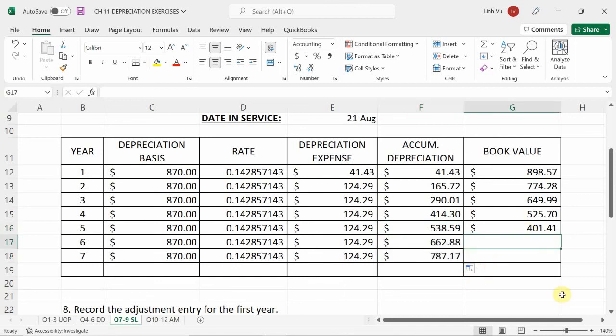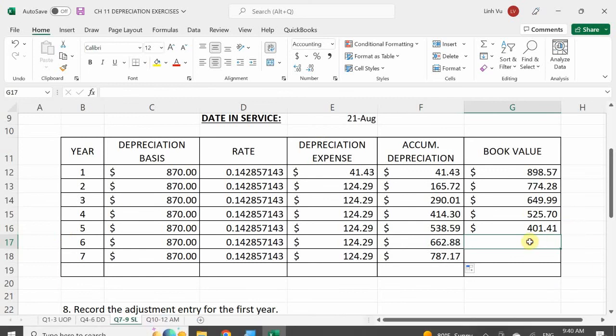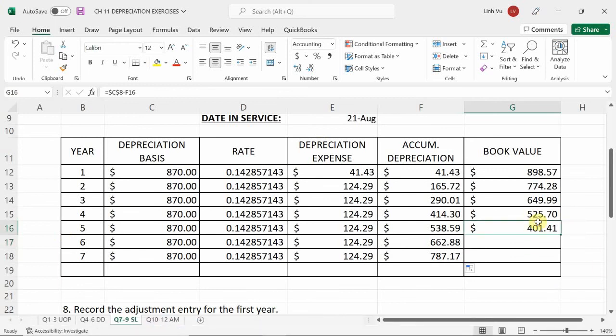And then for book value for year 6, okay, hold on. $277.12.